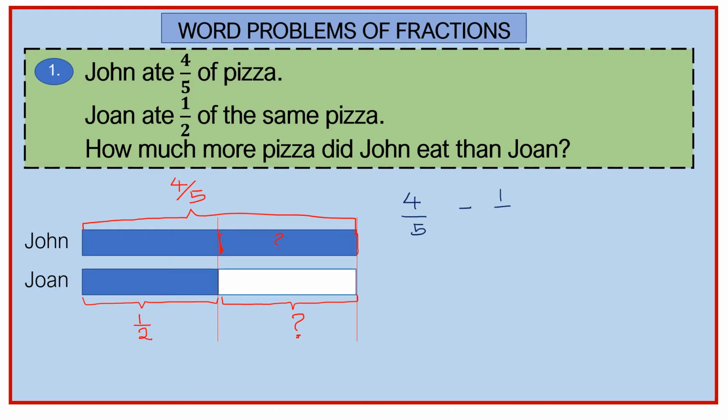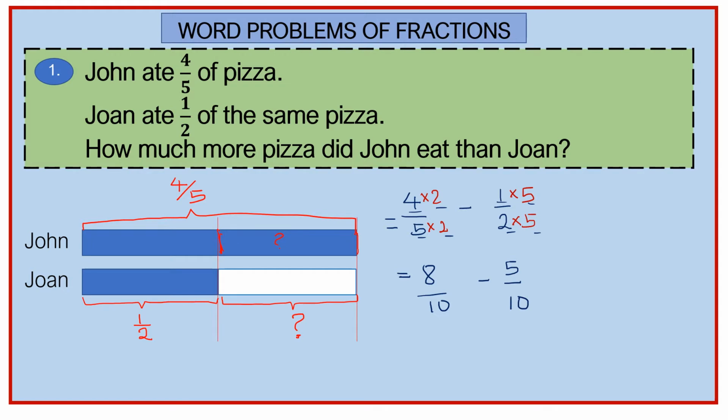Okay? So you can see that we will have to get 4 out of 5 minus 1 out of 2. But you can see that the denominators are not the same. So we can say times 2 and times 2. This will be 10. Here times 5 and here times 5. Such that we get 4 times 2, we get 8. 5 times 2, we get 10, minus 1 times 5, we get 5. 2 times 5, we get 10.